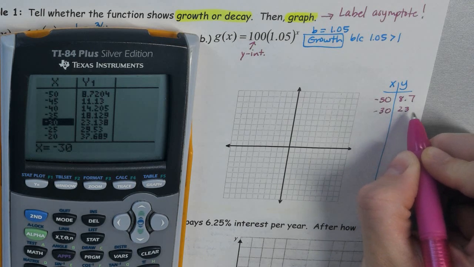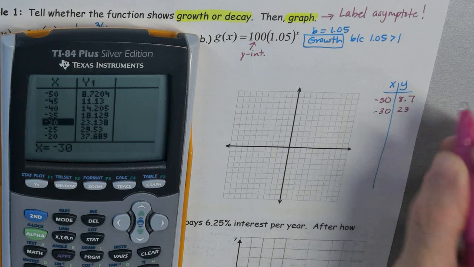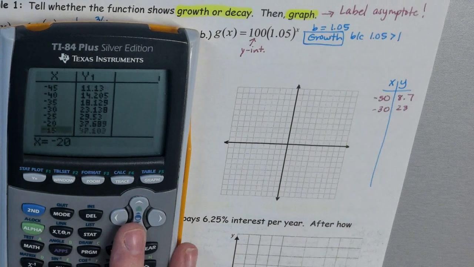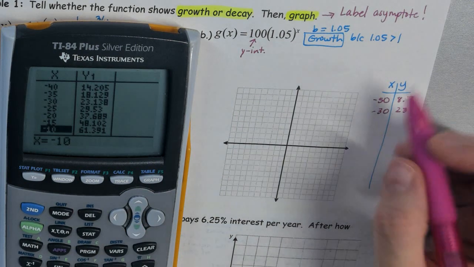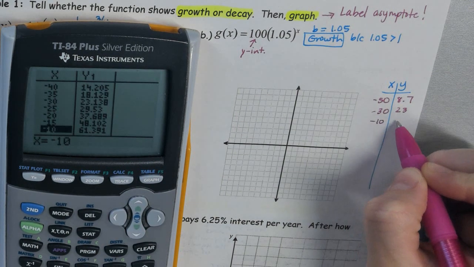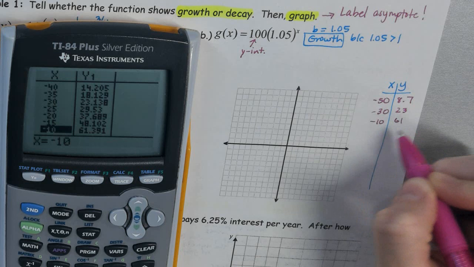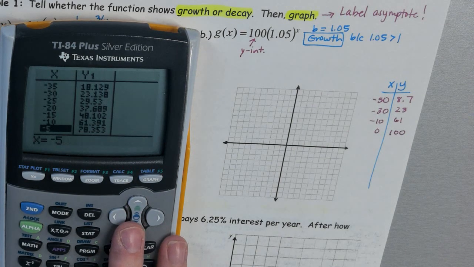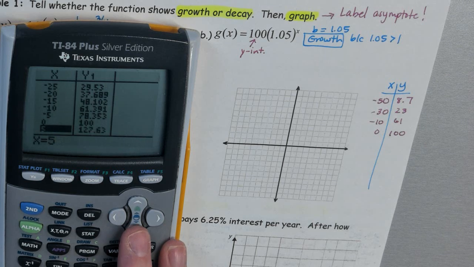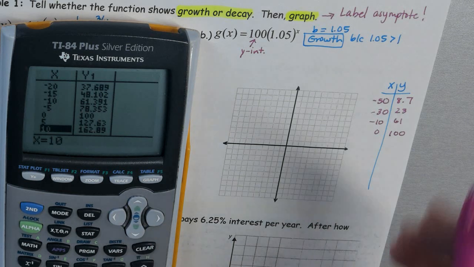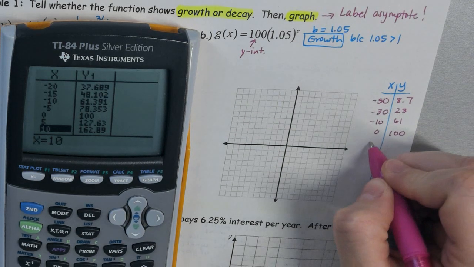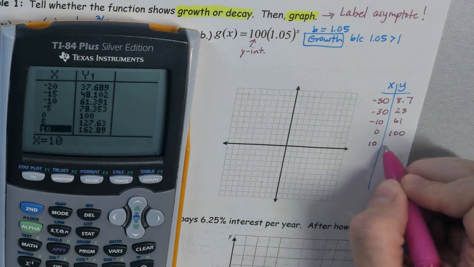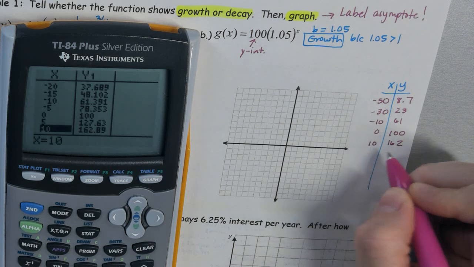The key is you just want to have a good graph. And so I can start rounding those. At negative 10, I'm at 61. At 0, I know I'm at 100. So at 10, I'm at 162.